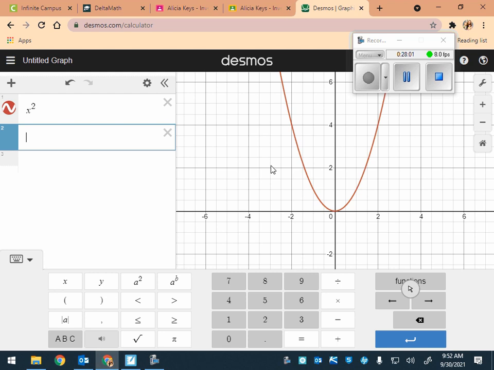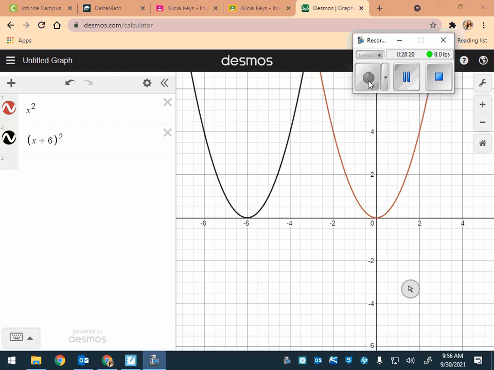You're putting something for h. So y equals, with parentheses, x minus the number squared, and in parentheses, x plus the number squared. See if you can figure out what's happening. I'll put an example up here.